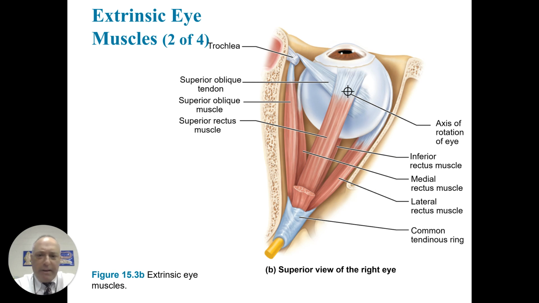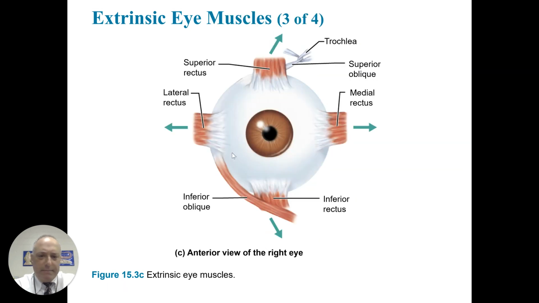And then of course we see the superior oblique going through the trochlea. Okay, so if you want to move your eye, this is the right eye, so if you want to move it out, the lateral rectus contracts and moves the eye out laterally.